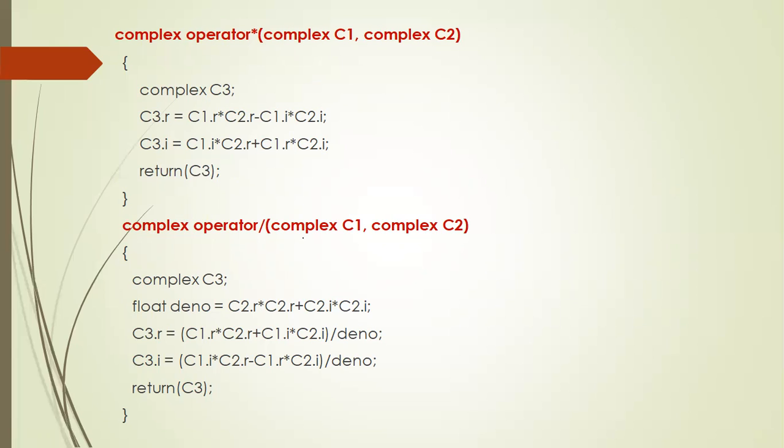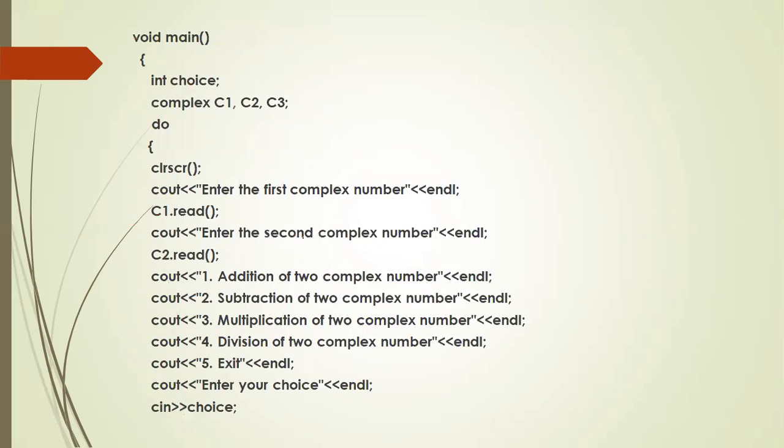Whereas for C3 dot R, it becomes R into C2 dot R plus I into C2 dot I divided by deno. C3 dot I equal to I into C2 dot R minus R into C2 dot I divided by deno. So wherever C1 dot something is there, you simply write R and I. For C1, don't use the dot operator.